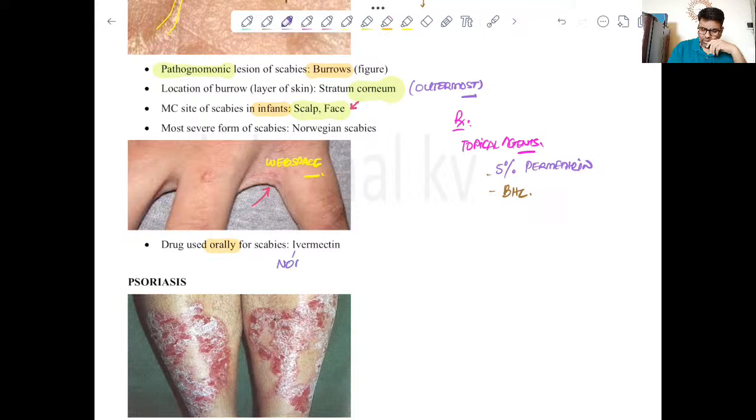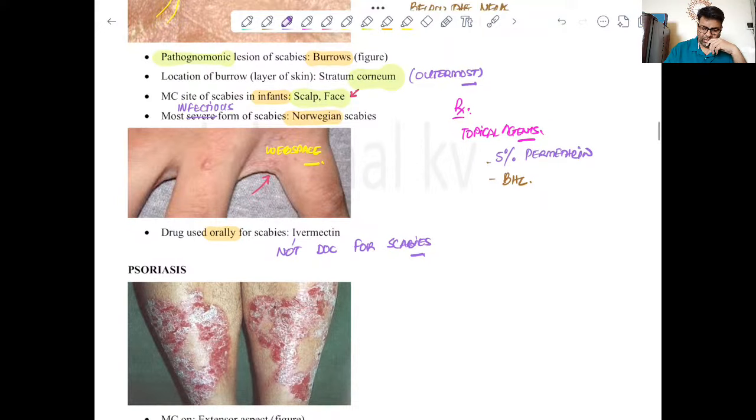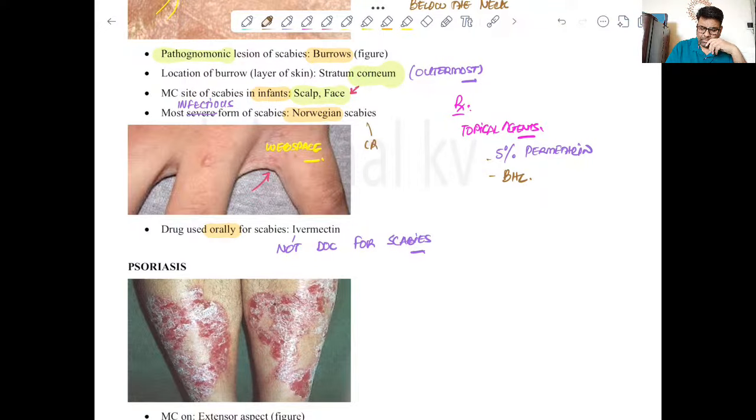So this is not the drug of choice for simple or ordinary scabies, but it is used in Norwegian scabies, which is the most severe, or in fact most infectious. Clear? You can write most infectious. That's very important because there is so much crusting and the patient does not itch, so no dislodgement of mite, and therefore he becomes very infectious.